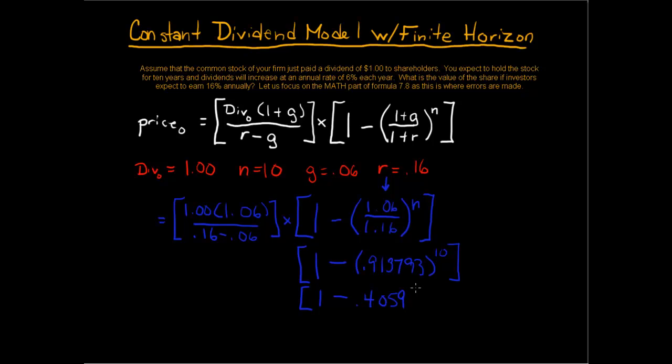There are some other digits there, which means this is 0.59404, and so on.